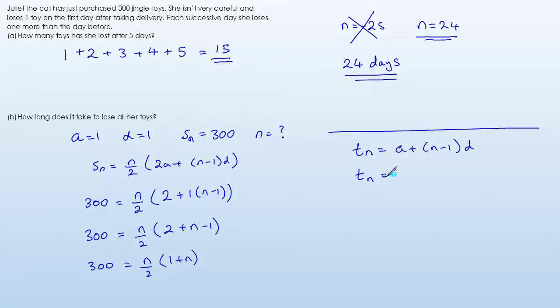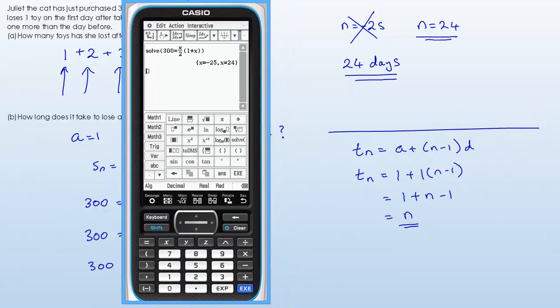So Tn is going to be 1 plus n minus 1 times 1. So that's going to be 1 plus n take 1, which is equal to n. So it's just equal to n. And we can see that from back here actually. First day is 1, second day is 2, third day is 3. So I probably didn't even need to do the formula there.